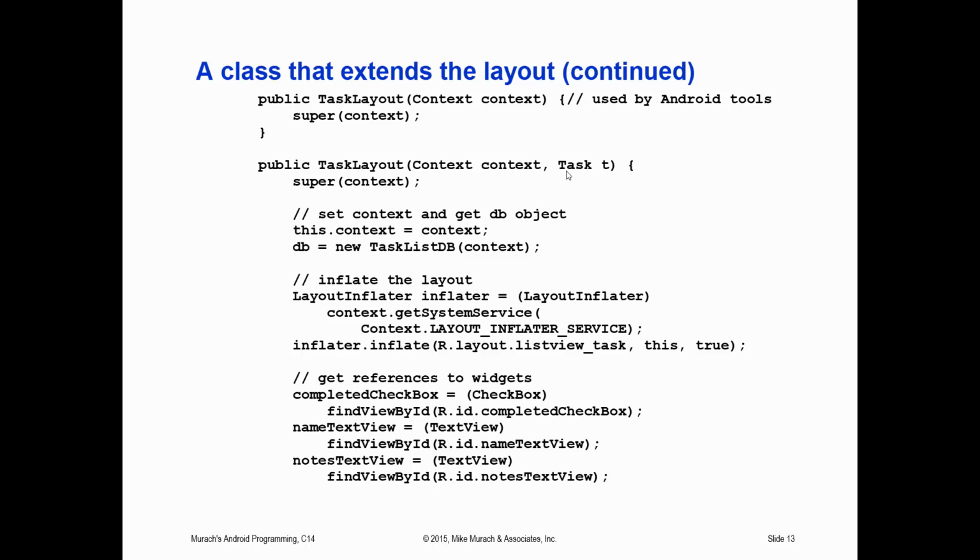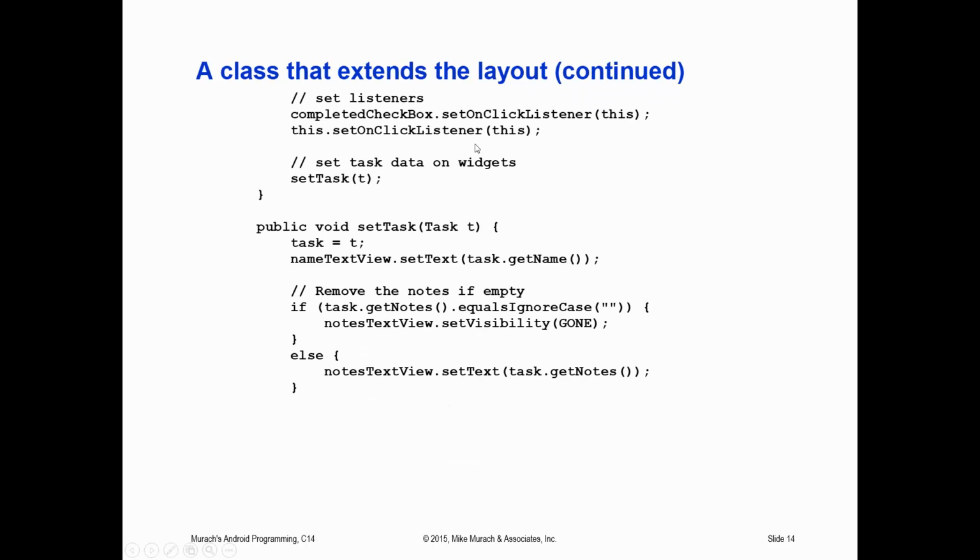Next, we use the getSystemService method to get a layout inflater object, and then we inflate the layout defined in the previous figures. Finally, we set the listeners. And after they've been called, we call the setTask method to set the task object as an instance variable and display the task object on the user interface.